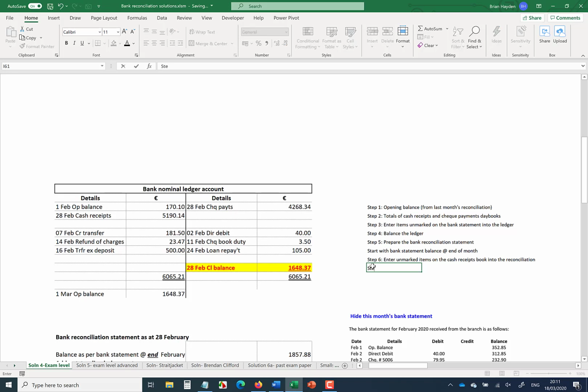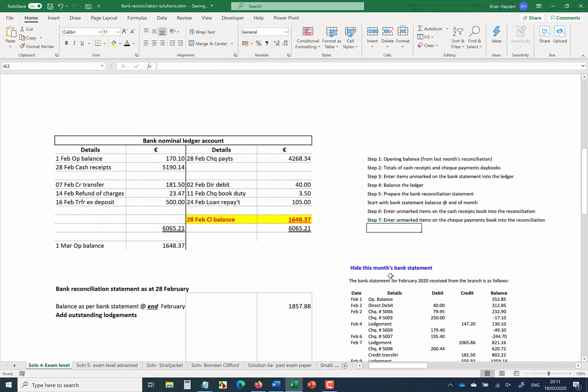And step 7, enter unmarked items on the check payments book into the reconciliation.